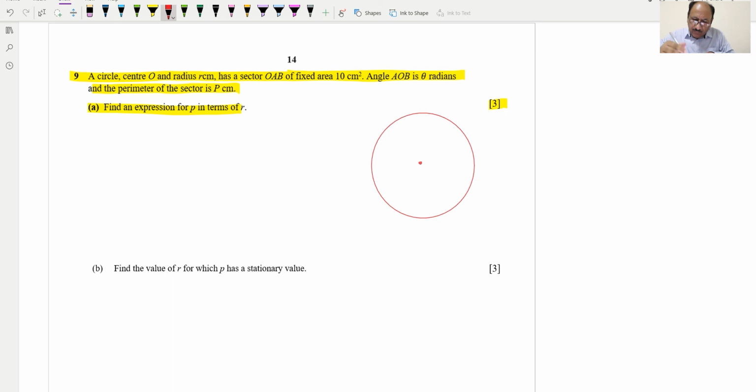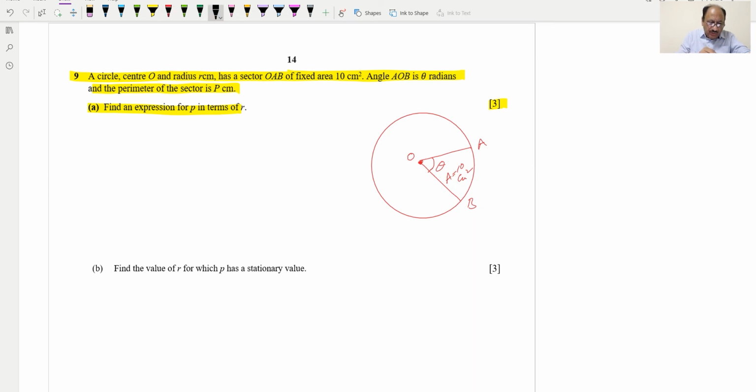Say this is the sector which we are looking for, and this is the center O. The sector is OAB, the center is O, and this is theta radians, and the area is 10 centimeters square. Now the expression we need to find.